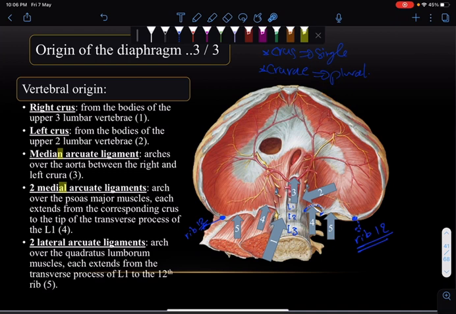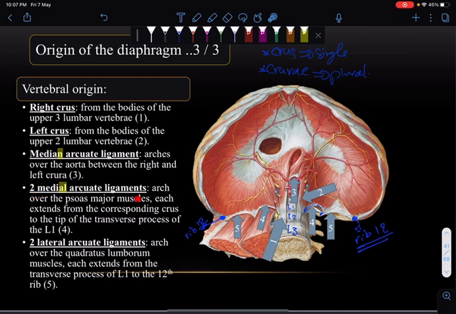So over the psoas major muscle are the medial arcuate ligaments. The psoas muscle has been removed here. Over the aorta, we already covered.